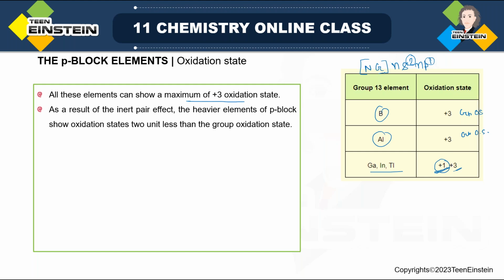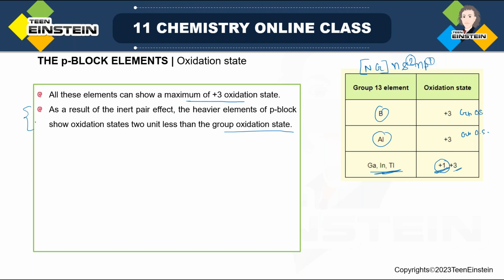Now, the inert pair effect I have already discussed in the last class in general, before starting group 13. You can also check it there. I am not going into the details again because the same thing would be repeated. But the reason is the inert pair effect. Because of the inert pair effect, the heavier elements, especially indium and thallium, show an oxidation state 2 units less than the group oxidation state.